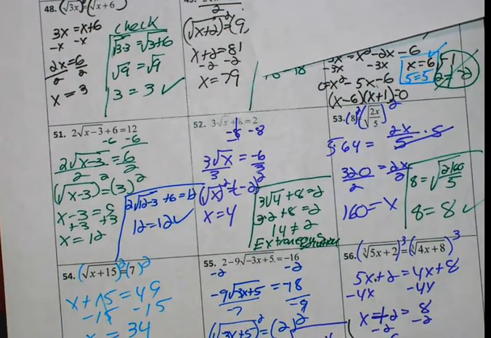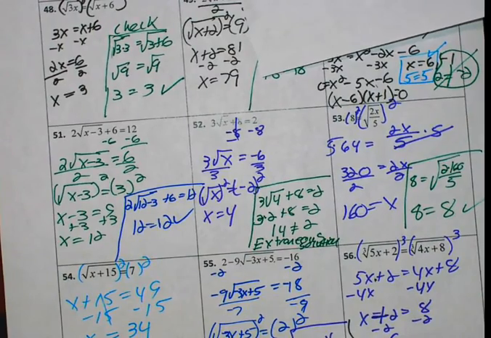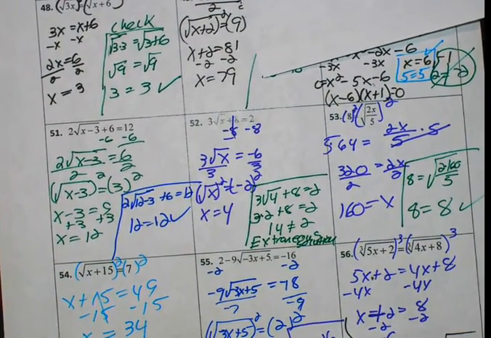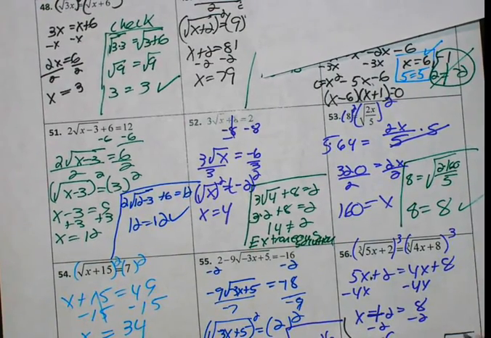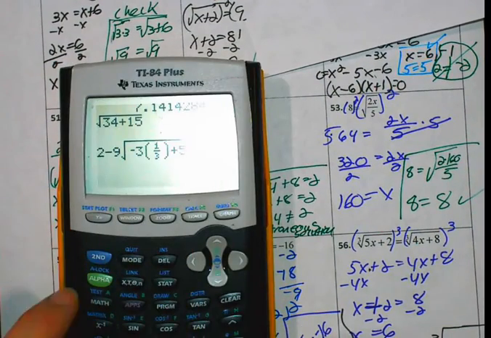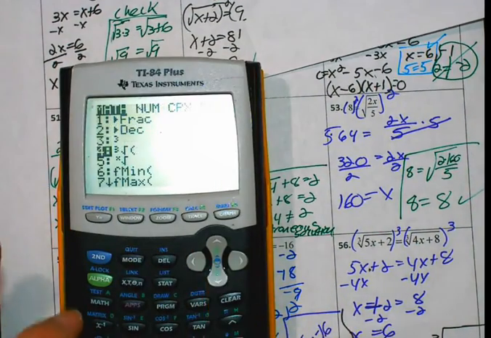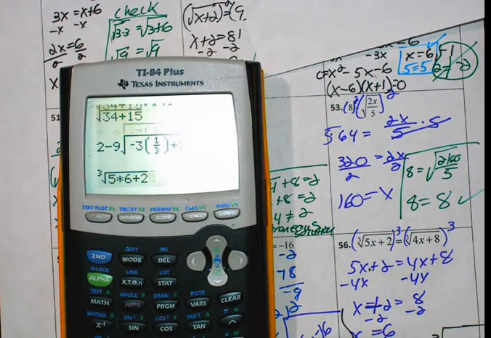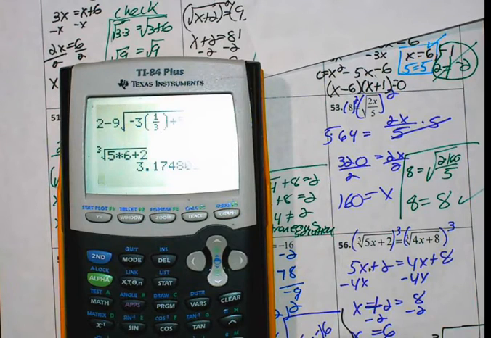So, cube root of 5 times 6 plus 2 equals the cube root of 4 times 6 plus 8. Left-hand side, remember under math is your cube root. 5 times 6 plus 2. That gives me an ugly number, so let's look at what just 5 times 6 plus 2 is.